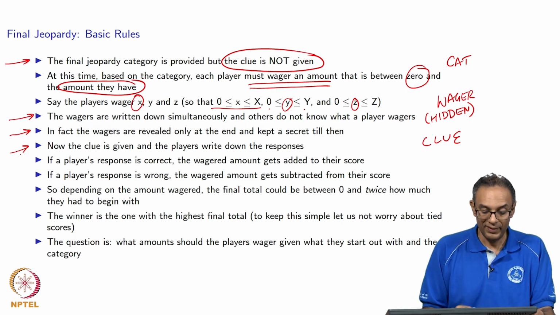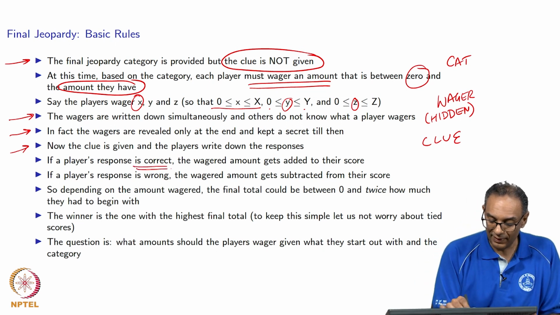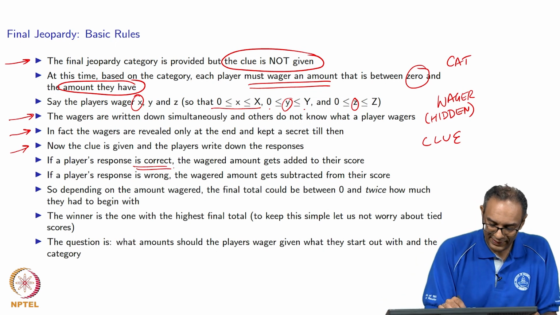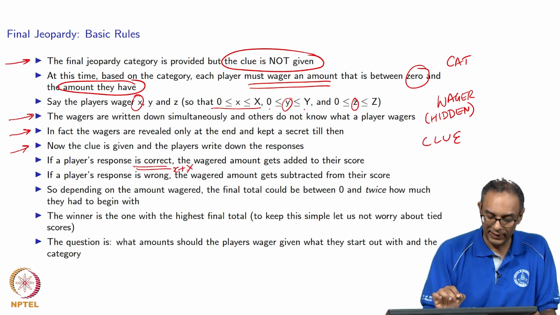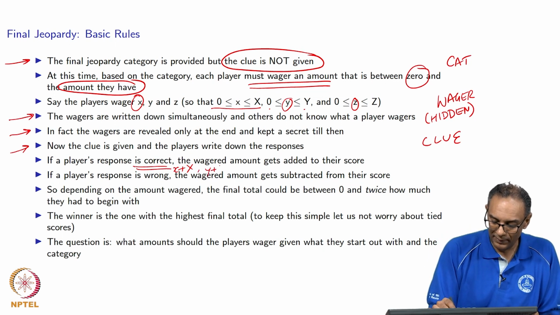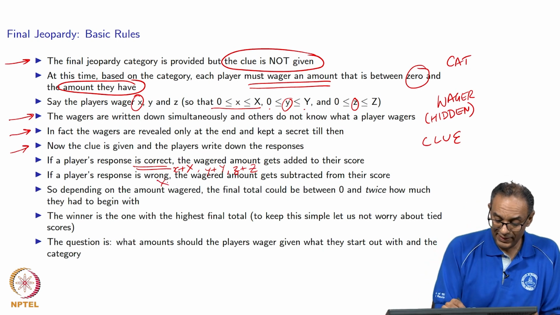He goes to the first player and looks at his or her answer, and if the response is correct, then the person gets x added to their score. So, their score will be little x plus big X. If y also gets it right, their score will be y plus big Y, and z plus big Z. If the question is answered incorrectly, then the x, y or z amount gets subtracted.